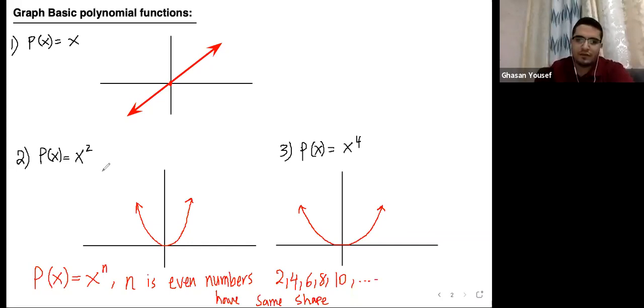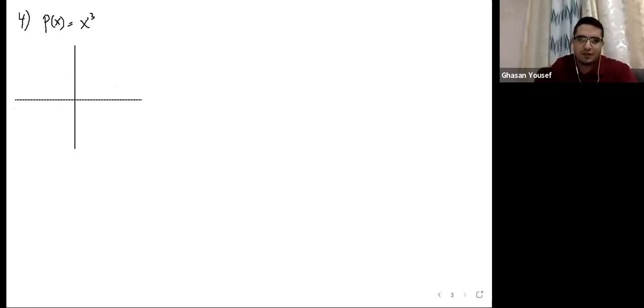Now, for x to the power 3, if I would like to graph the function, here number 4, p of x equal x to the power 3, we have to know the graph of this one because it's a review. The graph of this function looks like this.